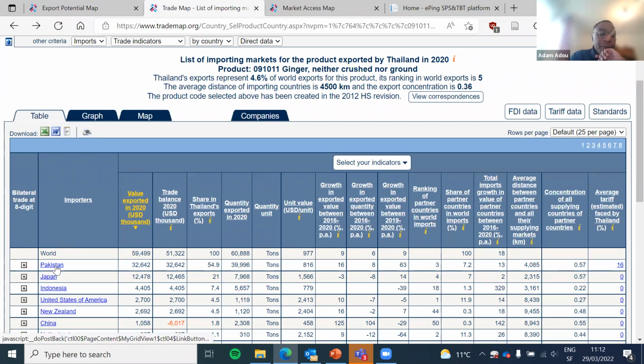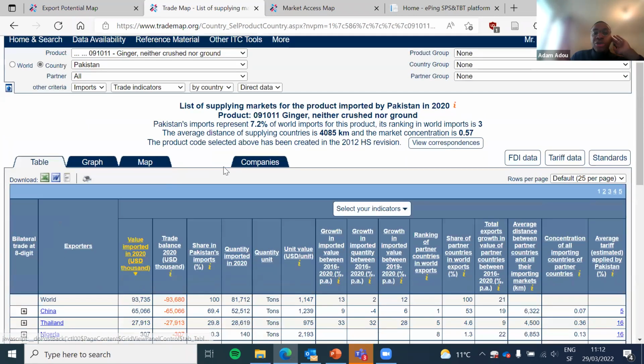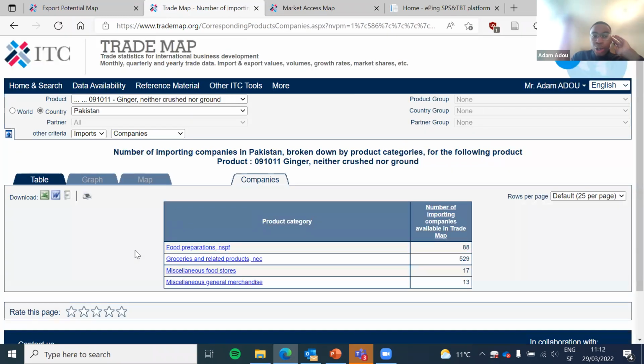This is very important for companies. So click on the hyperlink for each destination country, and then using the company module, you will have, for each category of product, the list of companies importing this product in the destination country.